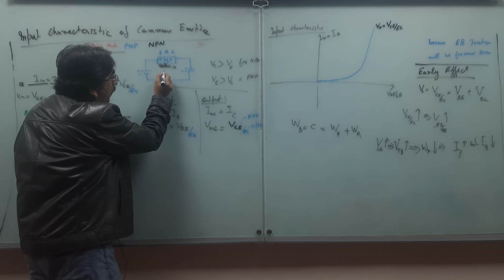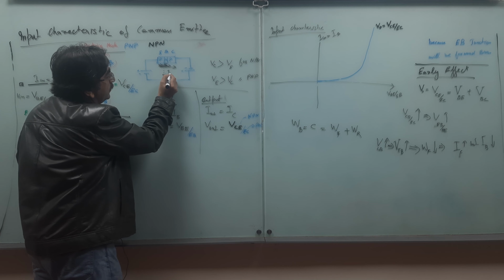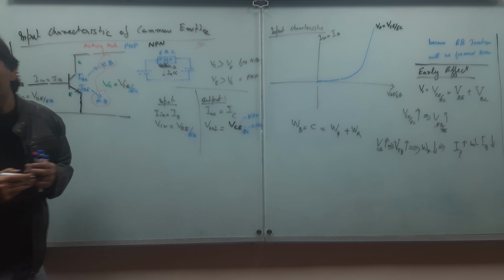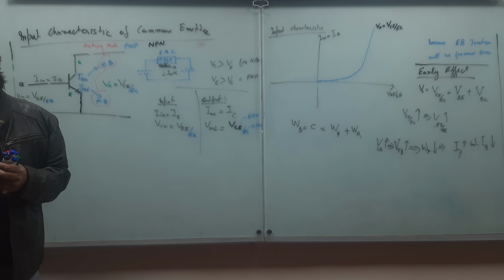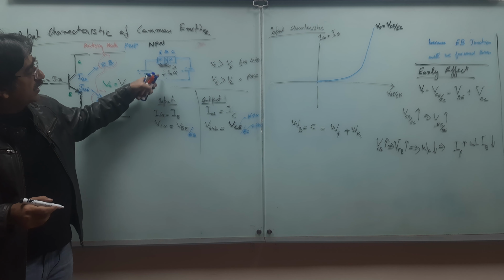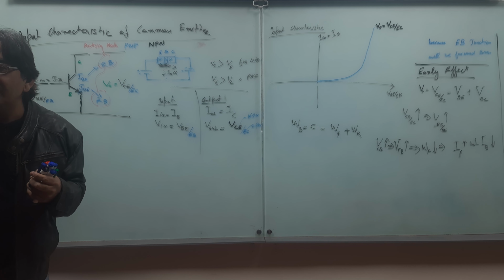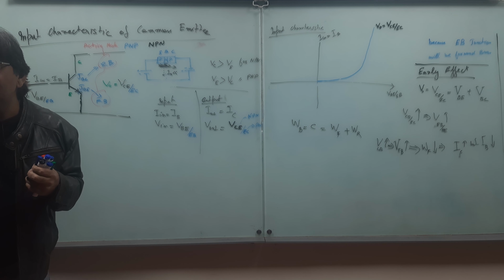Very few, IB will be very small. Electrons will be moved toward the collector current, and very few electrons will become base current. So IB will be a decrease.